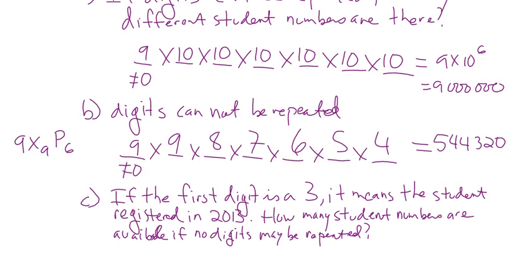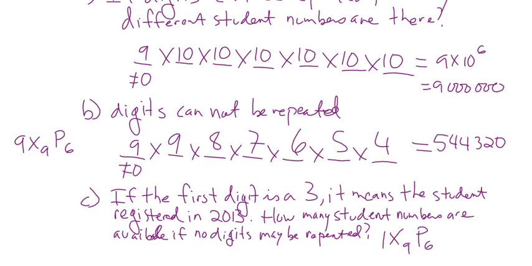So let's try this one this way. If the first digit's a 3, it means the student registered in 2013. How many student numbers are available if no digits may be repeated? It's going to be 1 times 9p6, right? So this 1 means we use the 3. We now have 6 digits remaining. It's a 7-digit number. We've used one of them.